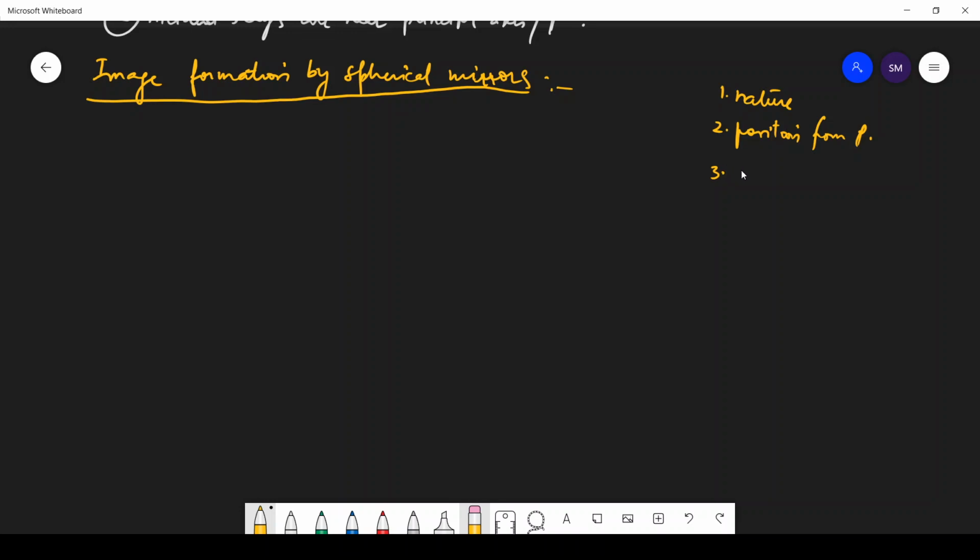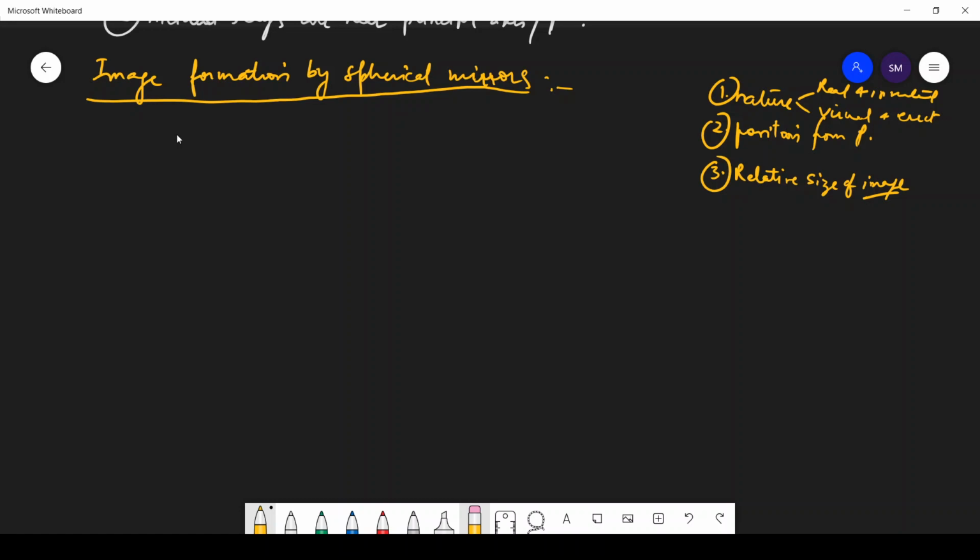And the third thing is the relative size of the image. Whom am I comparing its size with? I am comparing it with the size of the object. So these are the three things that you need to tell about the image.